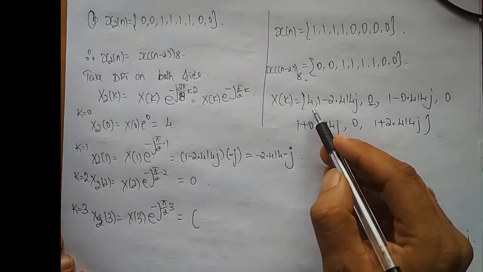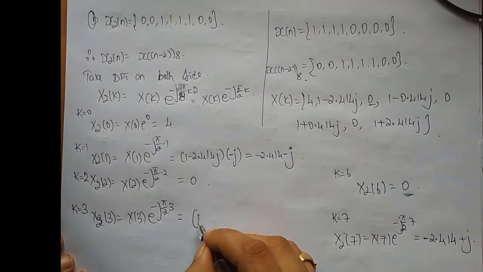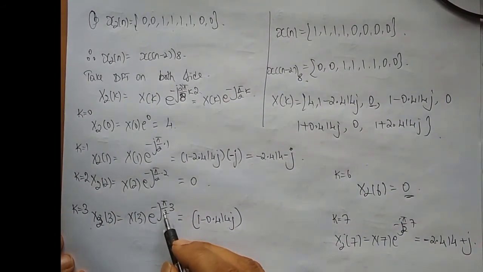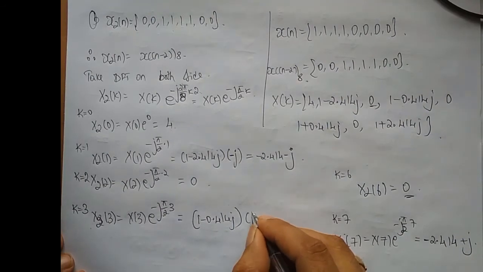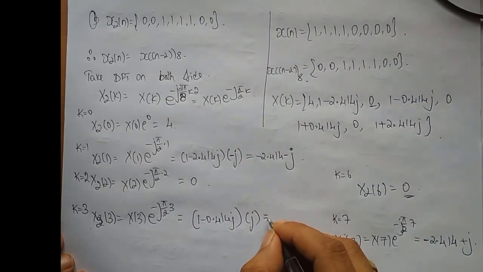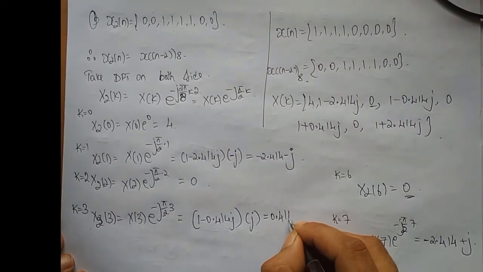So what is the value of x of 3? 0, 1, 2, 3, which is 1 minus 0.414j into e power minus j 3 pi by 2, which is cos 3 pi by 2 minus j sin 3 pi by 2, which is equal to j. Okay, and if you simplify this, you get 0.414 plus j.